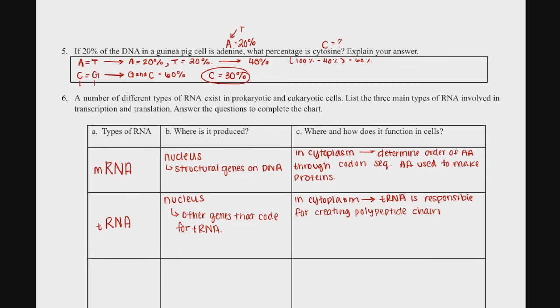So tRNA, just to give you guys a visual, kind of looks like, it's like a T shape, but I'm going to draw it as like, I think this makes it look easier.